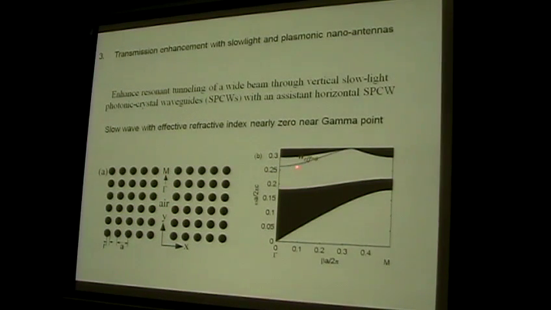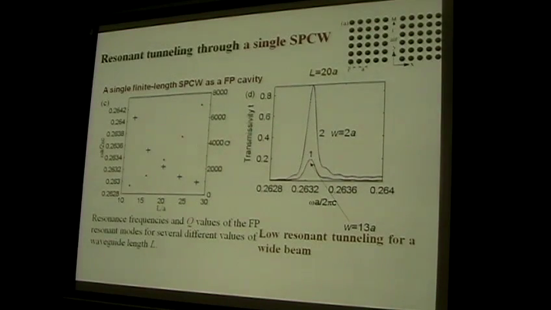But again, it's in the stop band, so the light cannot go through this region. Once light gets into this region, it has nowhere else to go because of the stop band but keeps going in this region, and so this forms a kind of waveguide.